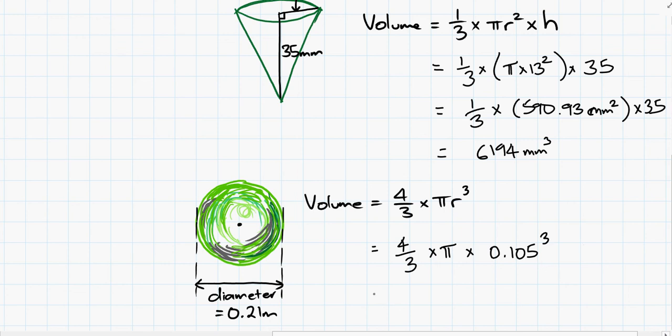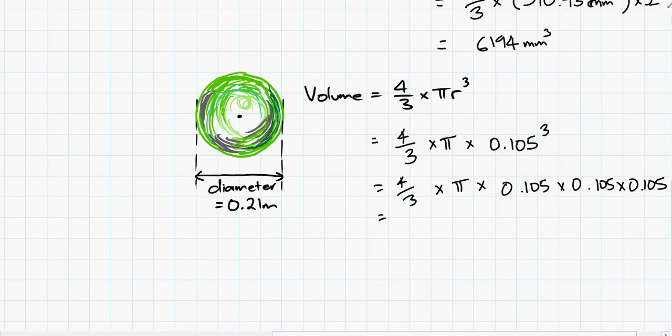Now you could write it like this: 4/3 times pi times 0.105 times 0.105 times 0.105. You can do it like that just to extend out the r cubed.